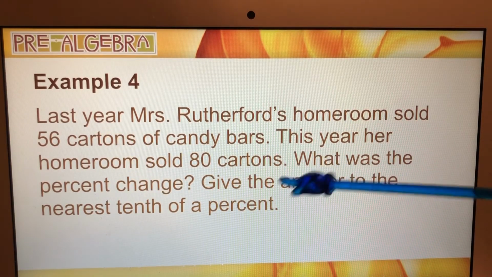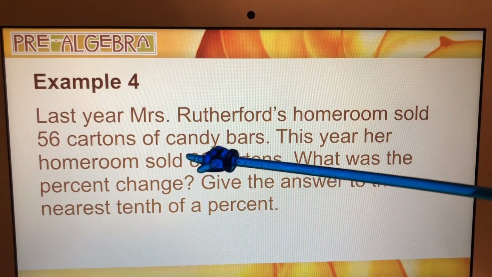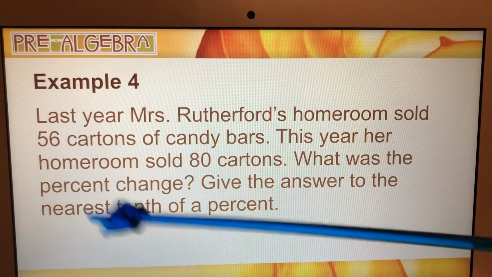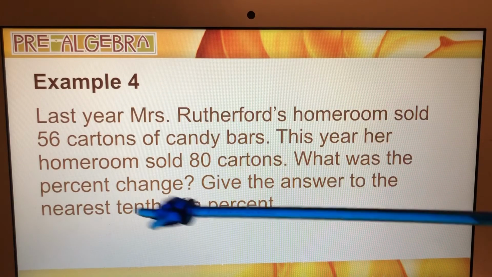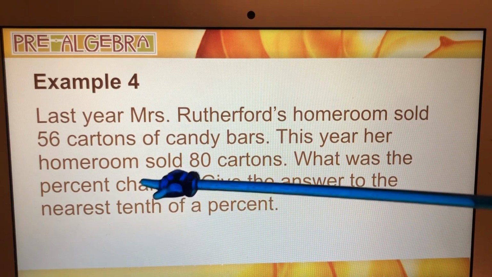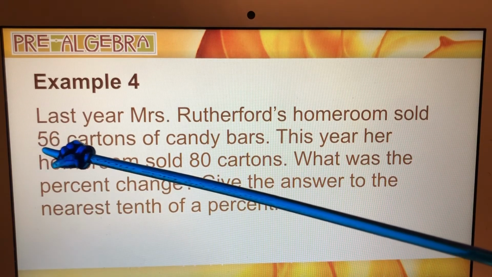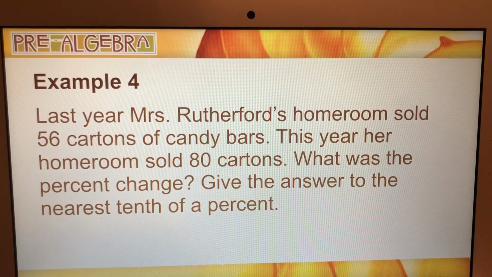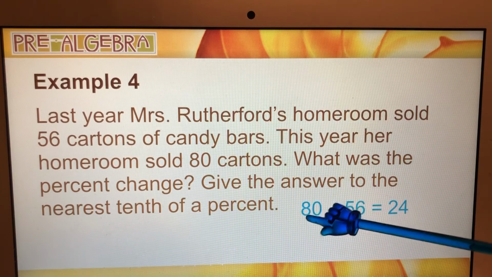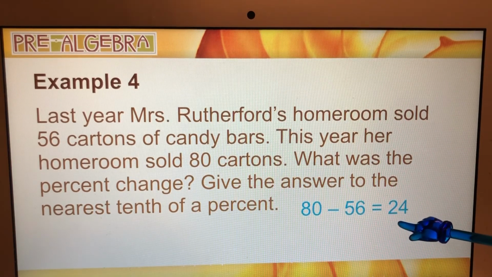The percent change, I have to subtract the two, right? And then take that amount of change and divide by what? Divide by the original number. So, if I subtract the two, I get 24.